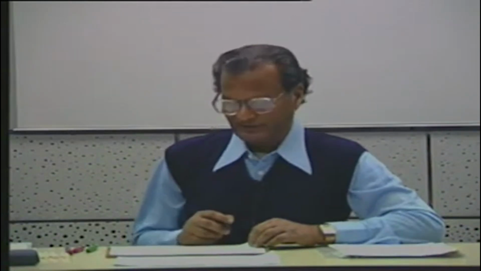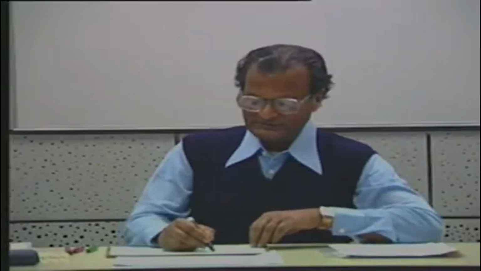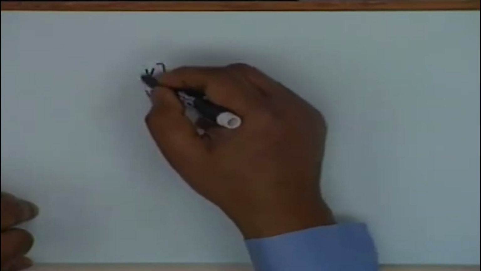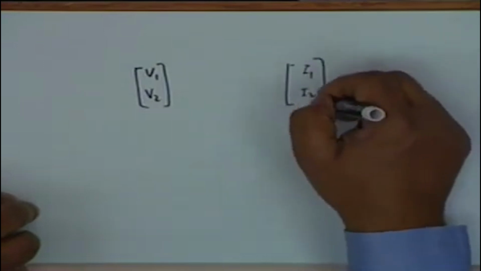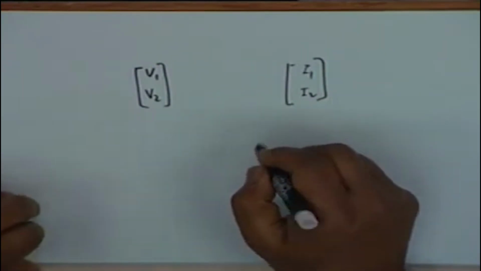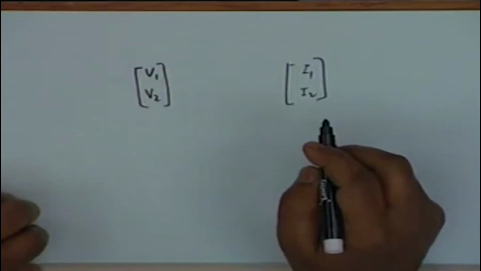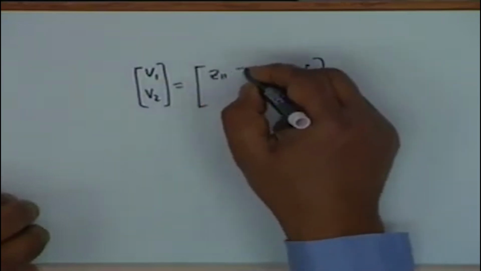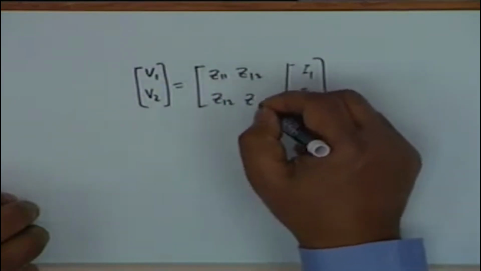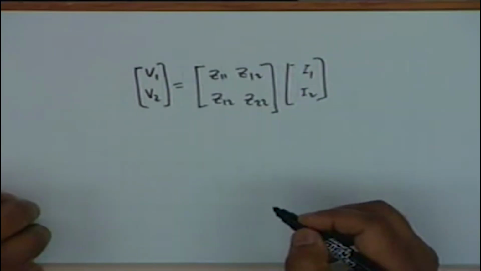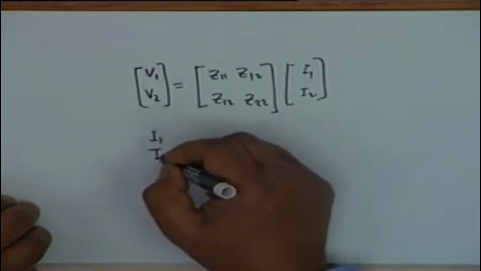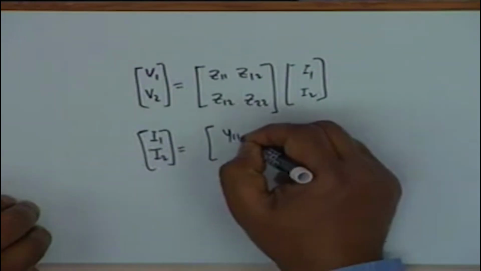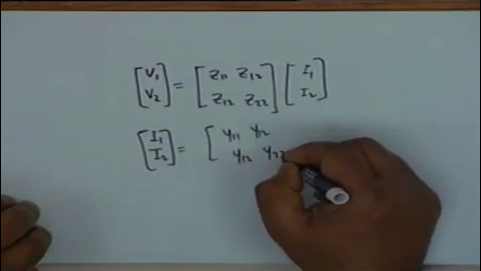But if you notice this carefully, the two sets of parameters, if I take V1, V2, the open circuit impedance parameters, and I write this as a matrix of a single column, a single column matrix is also known as a vector, then you notice that the coefficient matrix is simply Z11, Z12, Z12, Z22, whereas this is for the open circuit Z parameters, for the short circuit Y parameters it is the other way around, Y11, Y12, Y12, Y22.